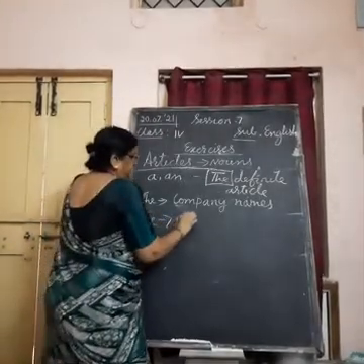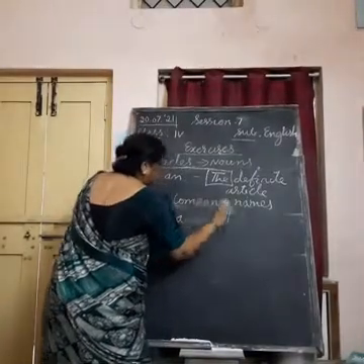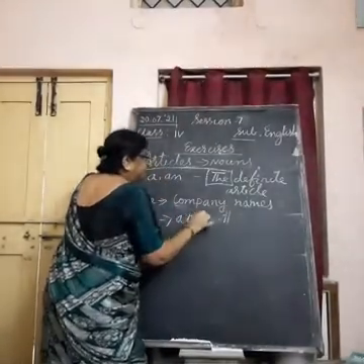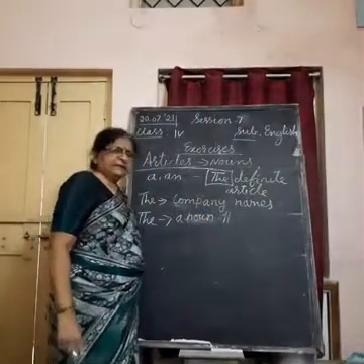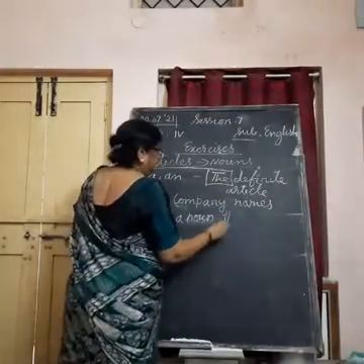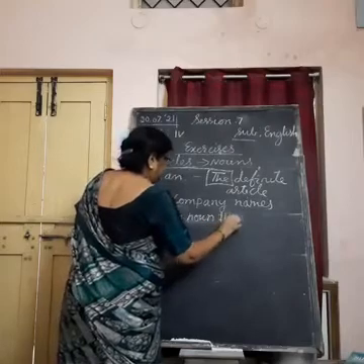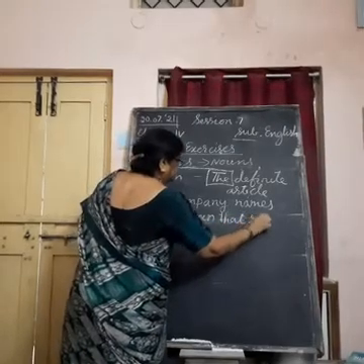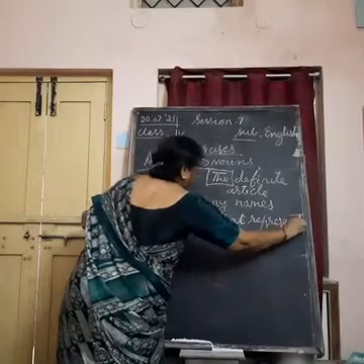A name or the noun. It can be the name of a thing, animal, or the person, anything. Noun that represents the group, means which stands for the whole group.